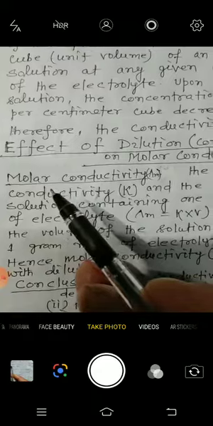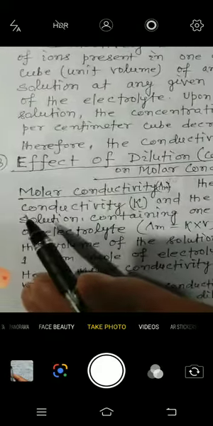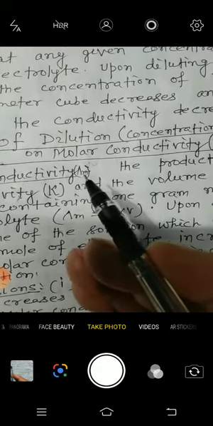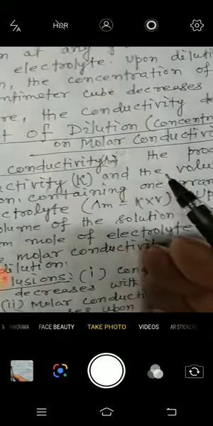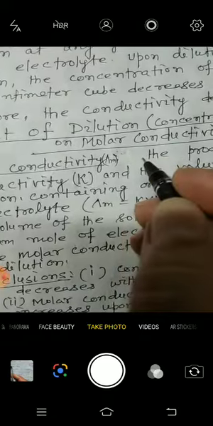But what happens with molar conductivity?